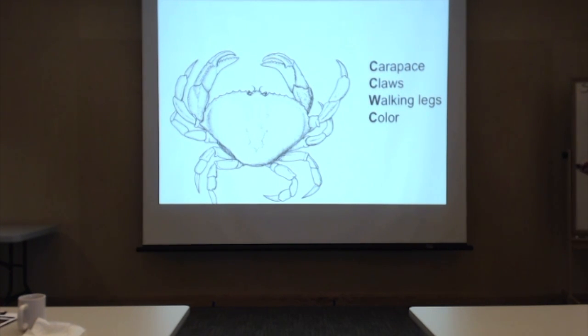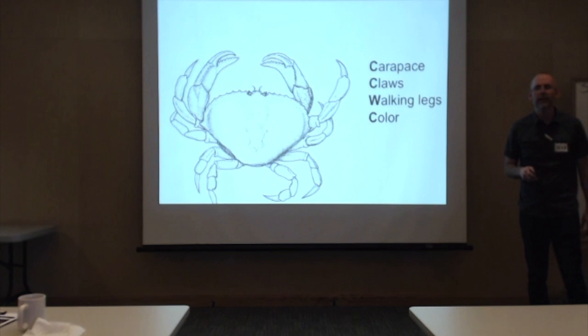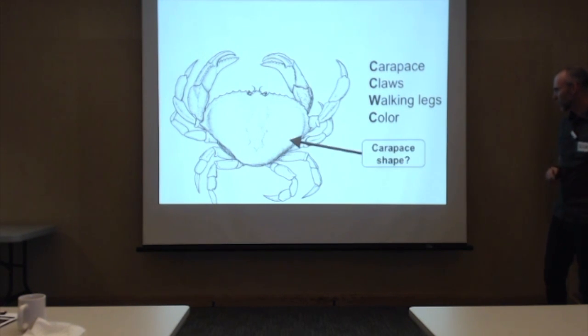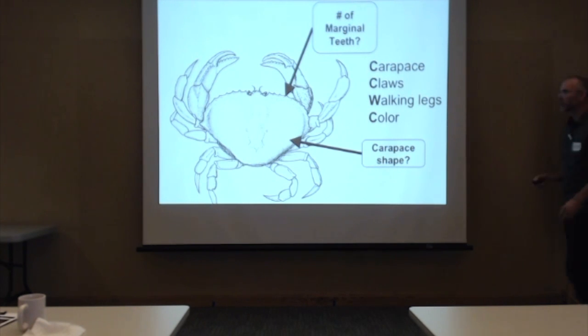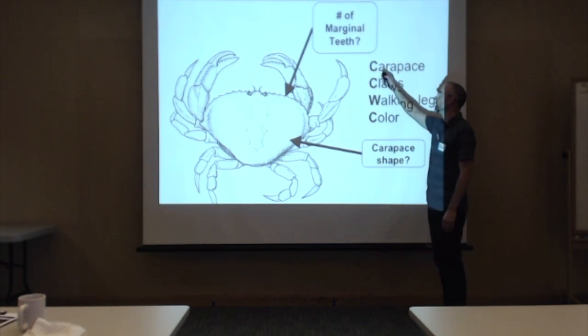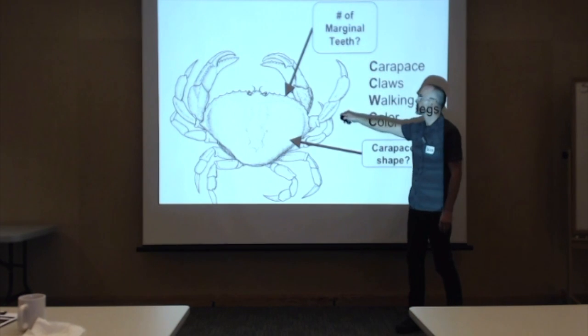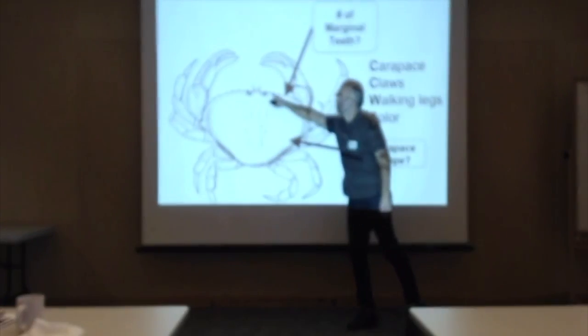So start with the carapace, then move on to the claws, then the walking legs, and then lastly, look at the color, and that can give you some hints as well. So what is the carapace shape? That's pretty important. And when we're looking at the carapace, we like to know about the shape and the number of the marginal teeth, these little points along the front edge.